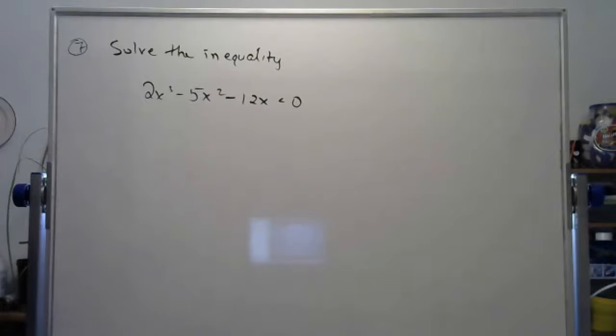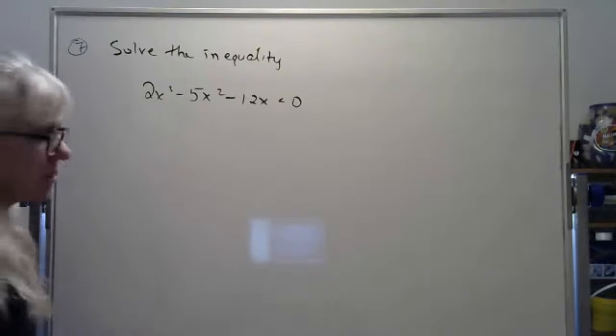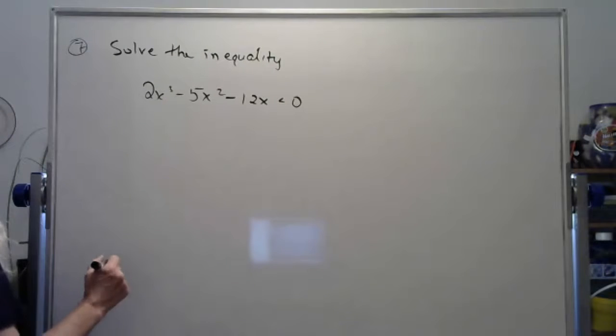Okay, so this was out of section 5.4. This one's a little obnoxious because it's not factored. So the very first thing we're going to have to do is factor it. The one on the exam is already in factored form, so this is a harder problem.